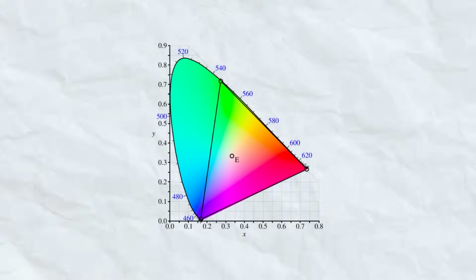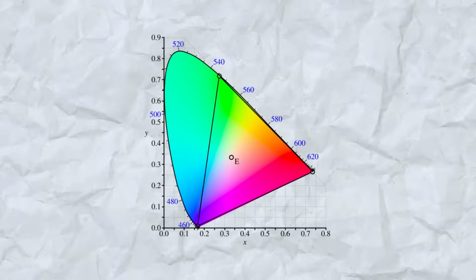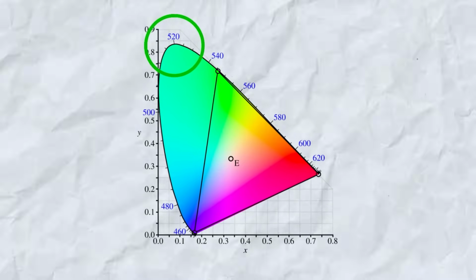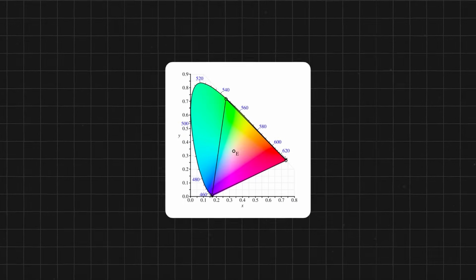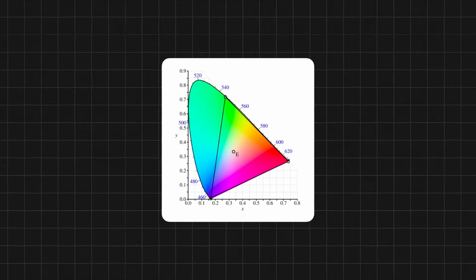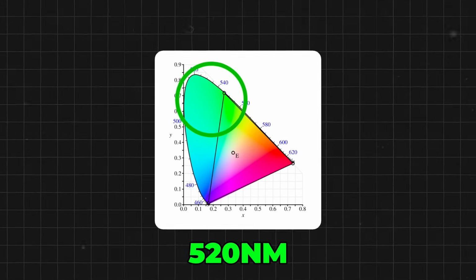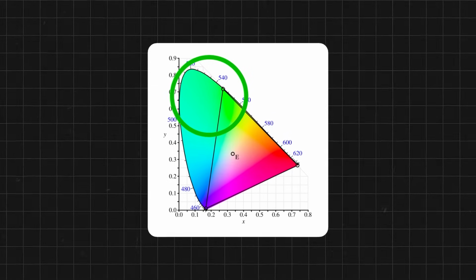The horseshoe shape of the CIE diagram directly illustrates why monitors struggle with color reproduction. The curved edge represents pure spectral colors, single wavelengths of light that exist in nature. Your monitor's RGB triangle falls well short of these edges, particularly in the green region around 520 nanometers, where the horseshoe extends furthest from the center.